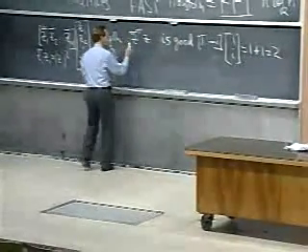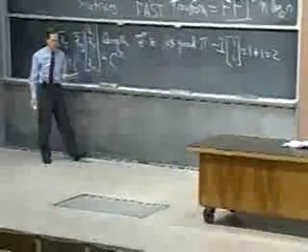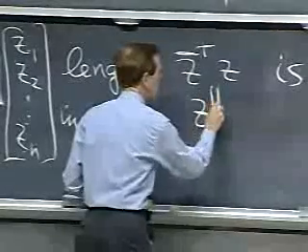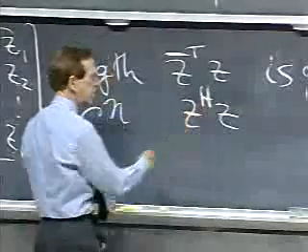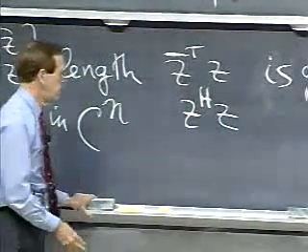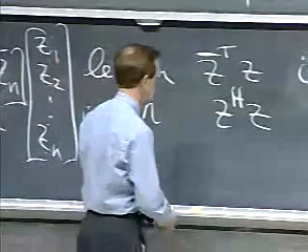So the message really is, whenever we transpose, we also take conjugates. So here's one symbol to do both. That symbol H stands for a guy named Hermite, who didn't actually pronounce the H, but let's pronounce it.